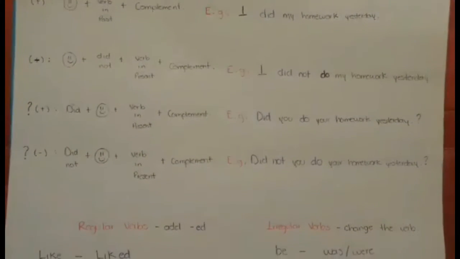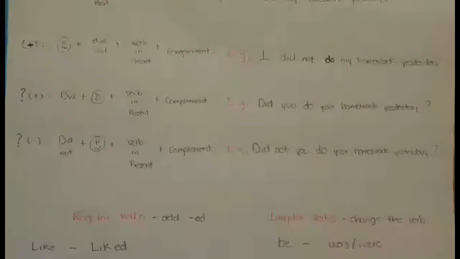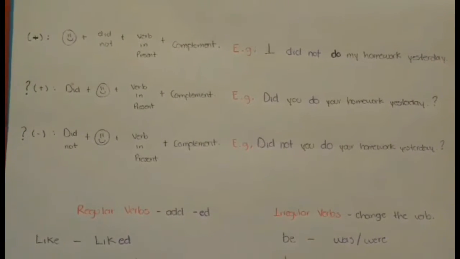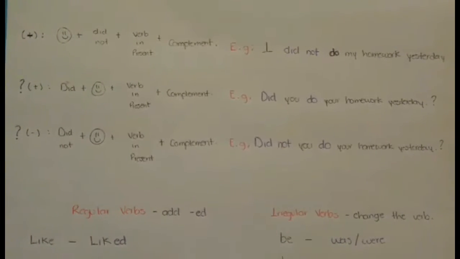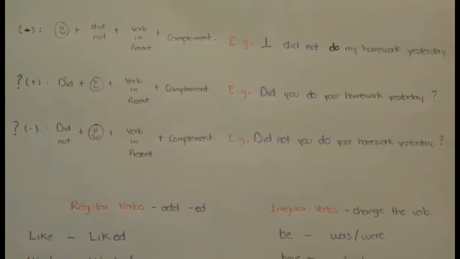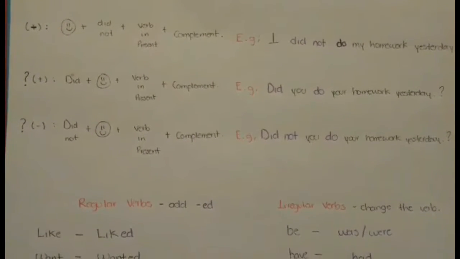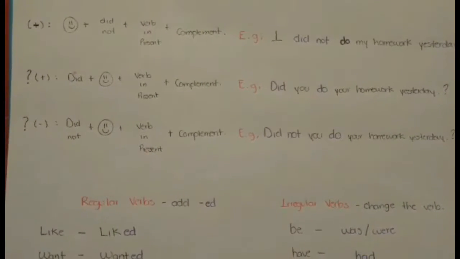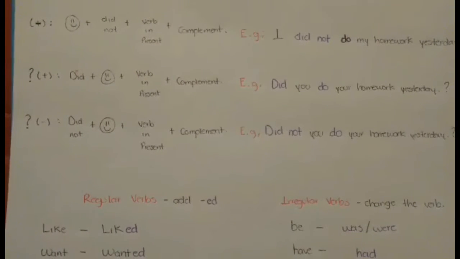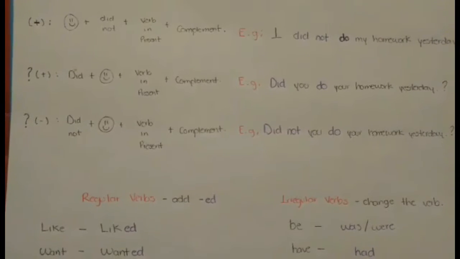For question sentences in positive, we use the auxiliary verb did plus subject plus the verb in present plus the complement. For example, did you do your homework yesterday? For question sentences in negative, we use the auxiliary verb did not plus the subject plus the verb in present plus the complement.